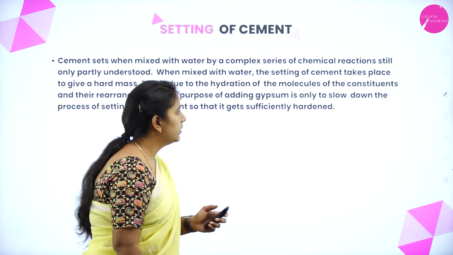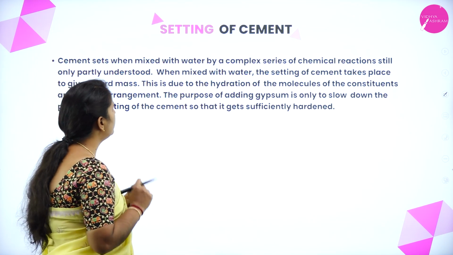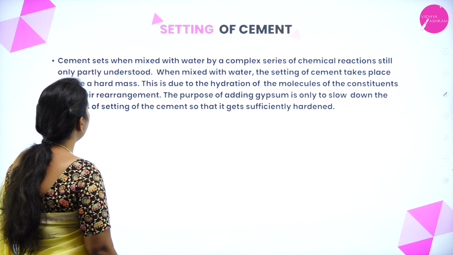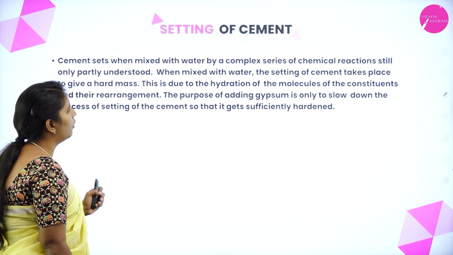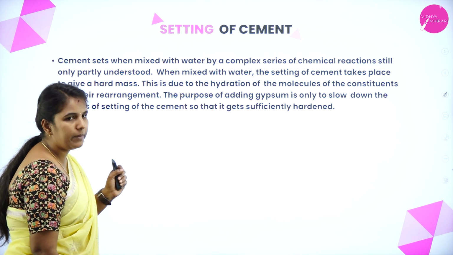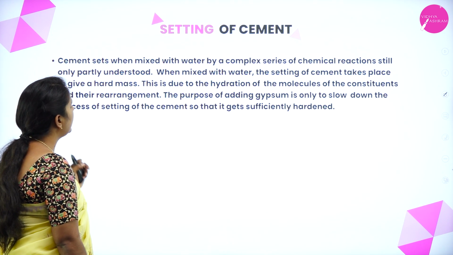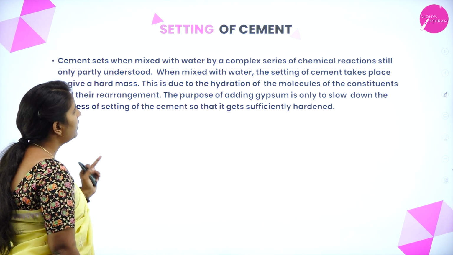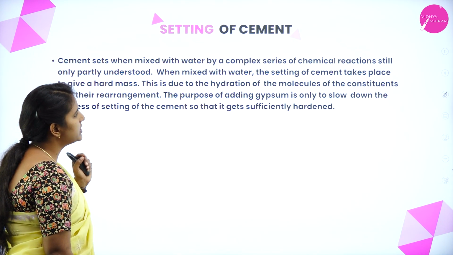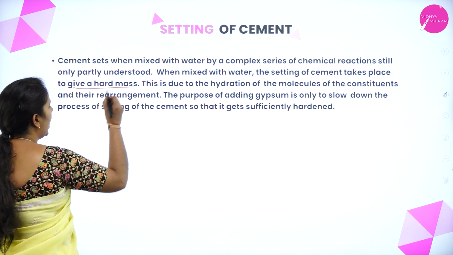Next is the setting of cement. Let's see how the setting happens. Cement sets when it is mixed with water through a complex series of chemical reactions, which are only partly understood. When mixed with water, the setting takes place and gives rise to a hard mass.